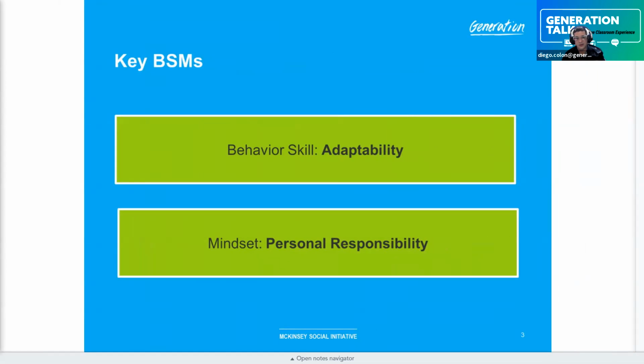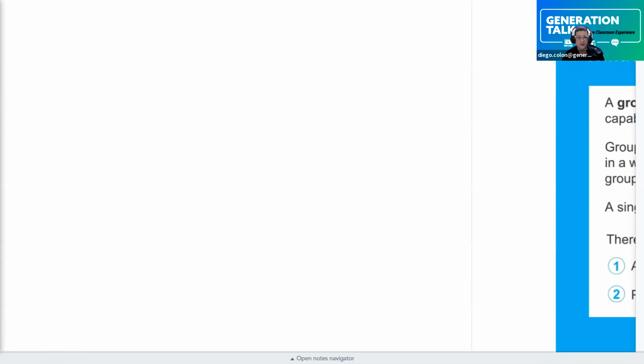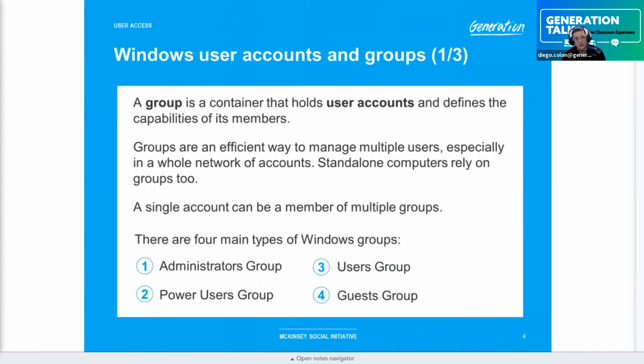As we note, there are going to be different types of users. We stated a group is a container that basically holds a plethora of users. These user accounts are created in a different screen, and then you actually add them into the group.